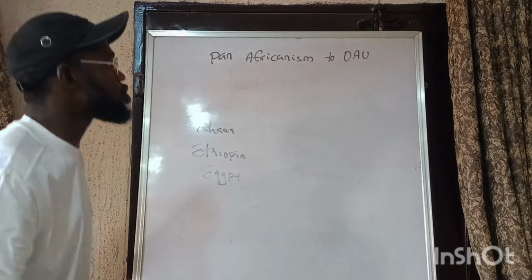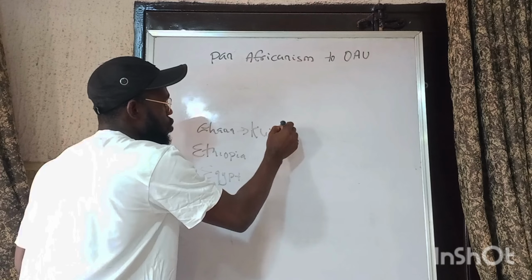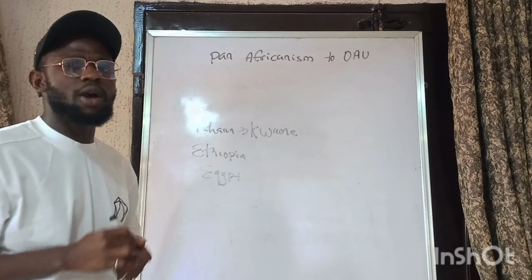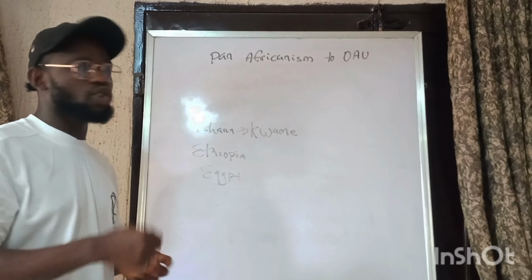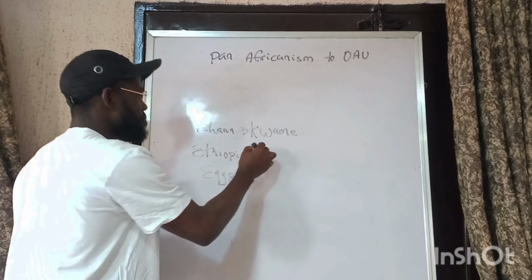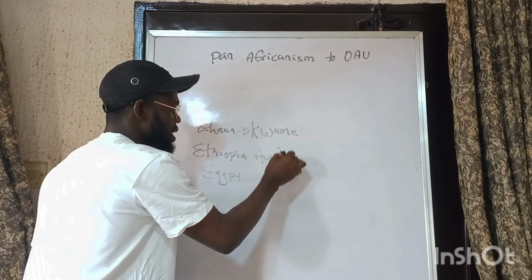But who were these persons from these different countries? You need it for your exam. From Ghana, it was Kwame Nkrumah, but remember a name called Kwame. From Ethiopia, it was a guy called Emperor Haile Selassie. But remember a name called Haile.